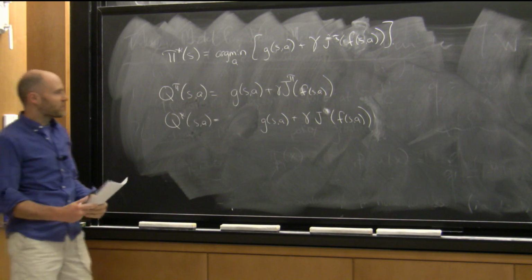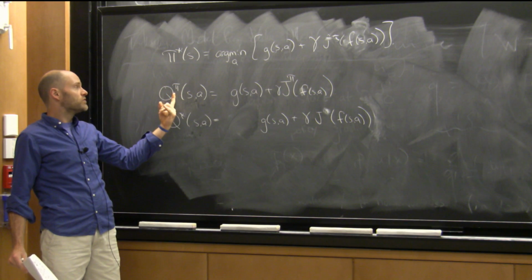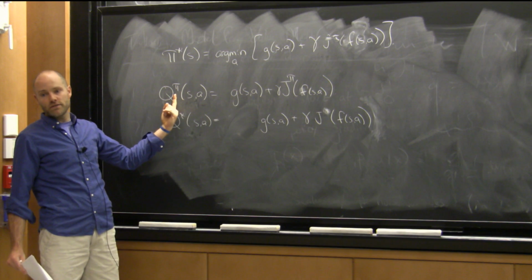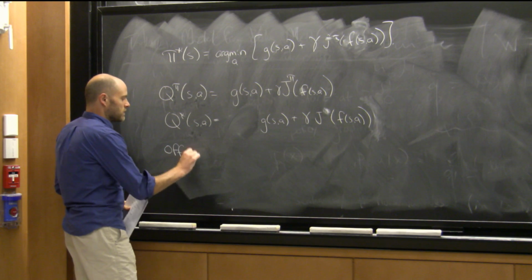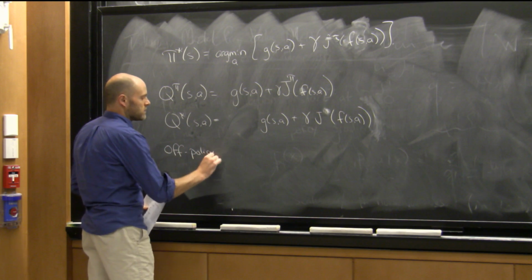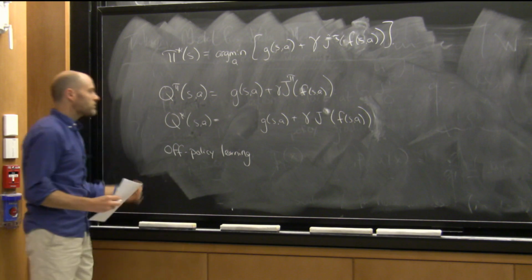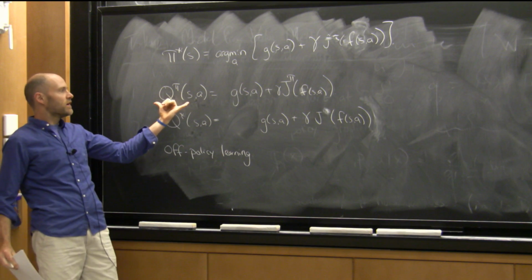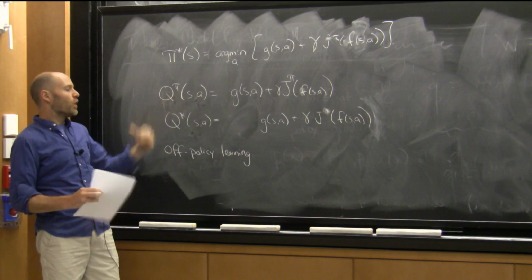There's also another cool thing that happens when you learn Q instead of J, which is you can do something called off-policy learning. This is the idea that I could actually learn about policy 2 while executing policy 1.